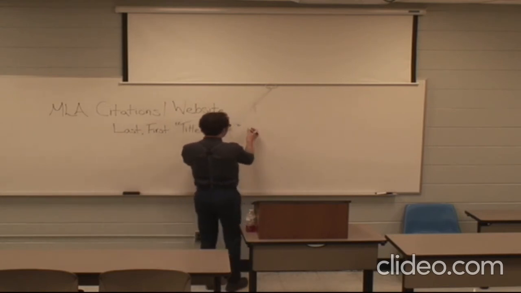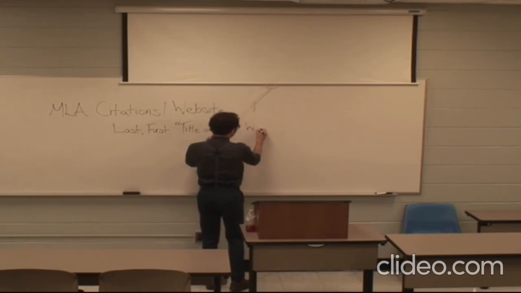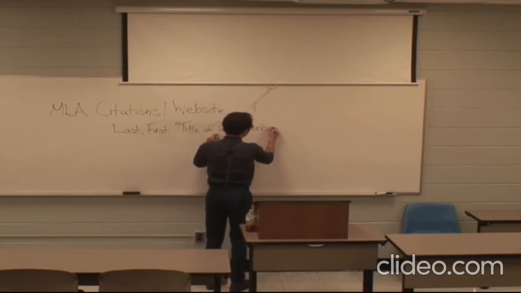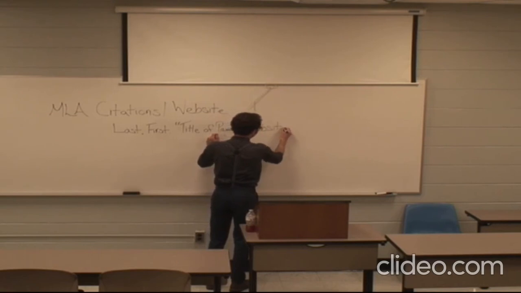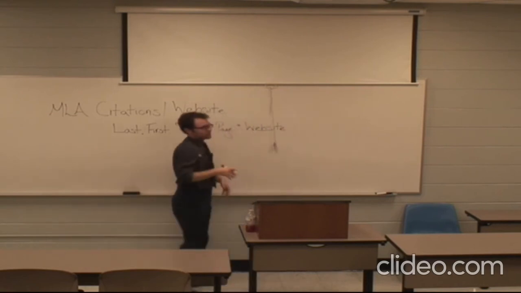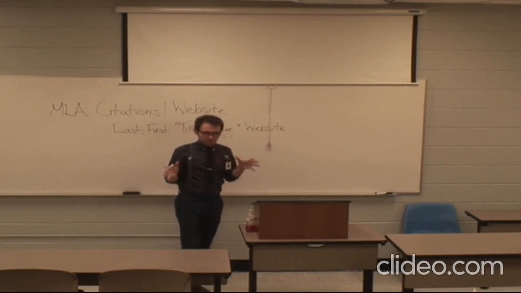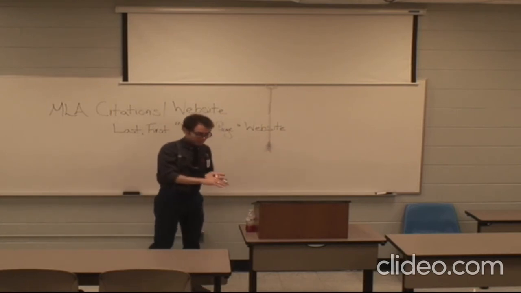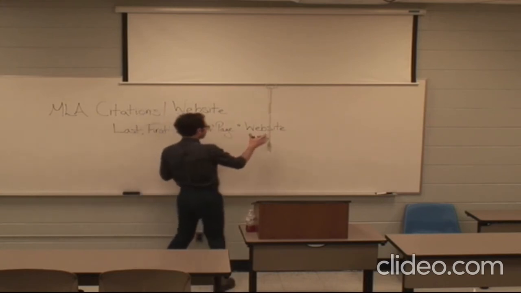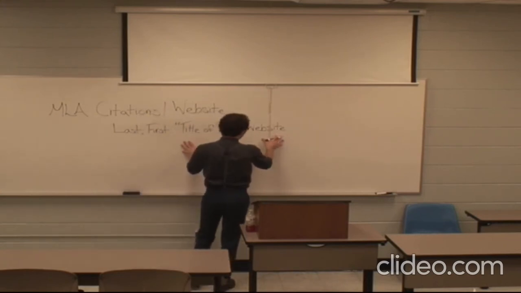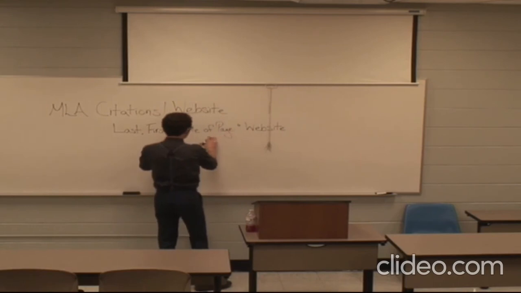Then after that, you'll have the website. So remember, there's website and then there's web page. If you think of it like a book, a website is a book and then it has a lot of different web pages within it. So website is usually the owner of the content that's on the web page.